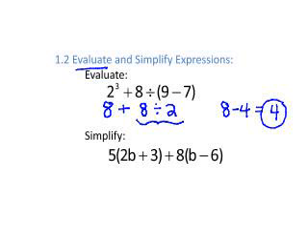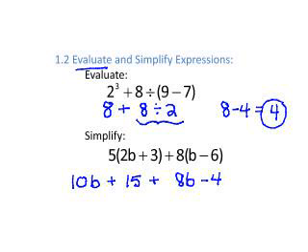Okay, simplifying, the next one. To simplify, we would distribute first of all. So let's distribute the 5. So 10b plus 15, plus, then we've got to distribute the 8. So it'd be 8b minus 48.